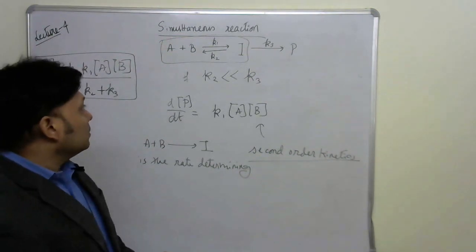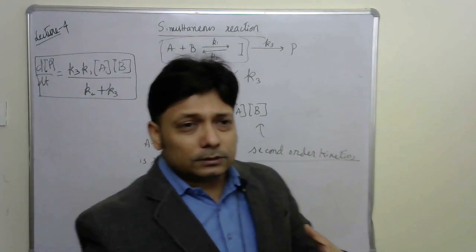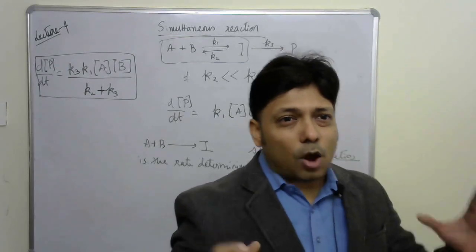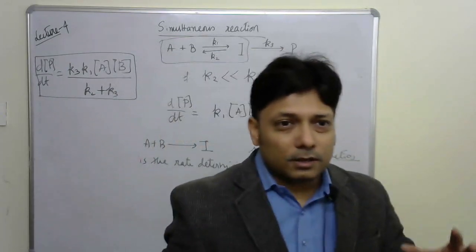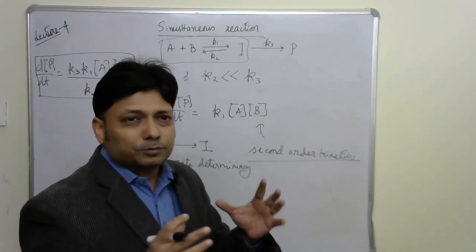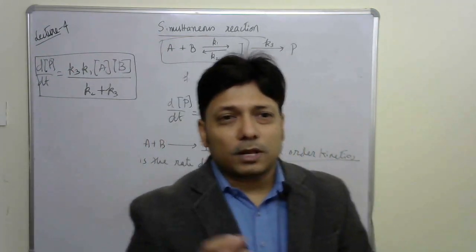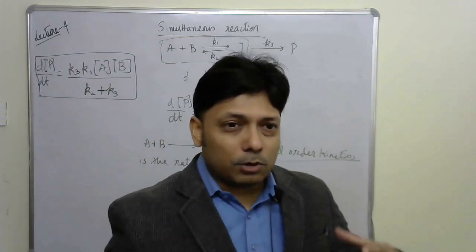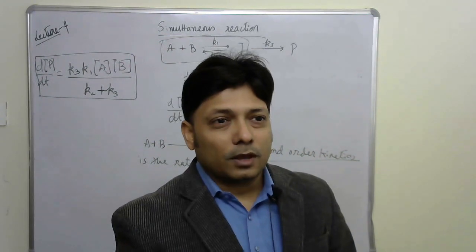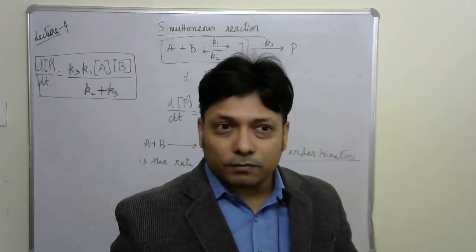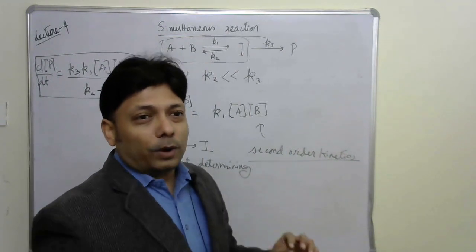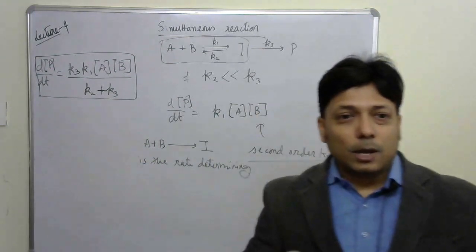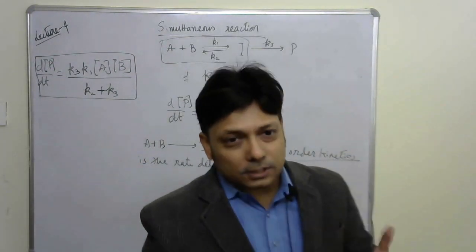Okay, so what we understood is that in a complex reaction like this, where there is a mixture of opposing reactions as well as consecutive reactions, if a certain condition is fulfilled, then establishment of pre-equilibrium is possible, and the reaction is not governed by the first step. And when that condition is not there and some other condition is fulfilled, then the reaction may be governed by the first step.